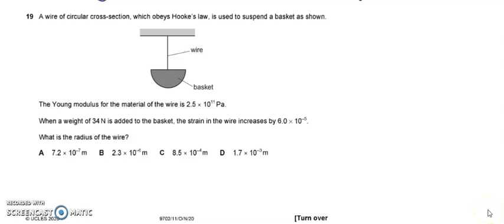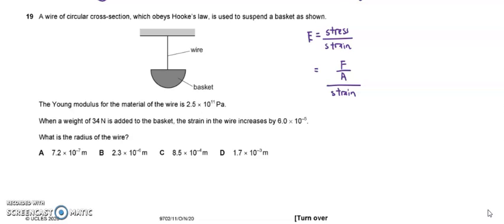Question 19. We know the Young modulus E equals stress over strain. So stress is force per unit area, over strain. If we use the increase, that means from a current position we increase the force, so we will increase the strain.